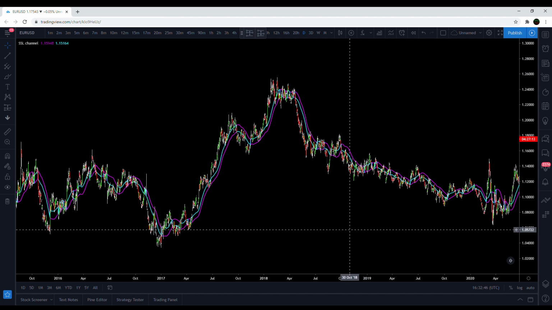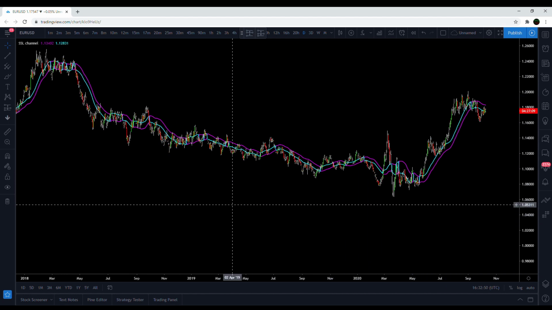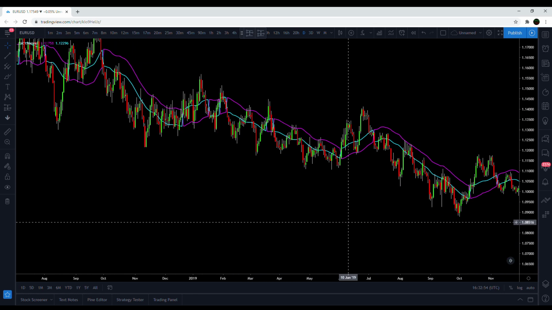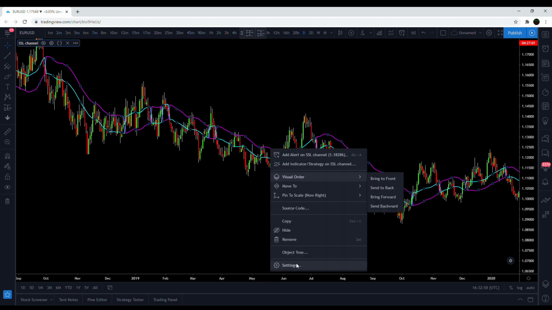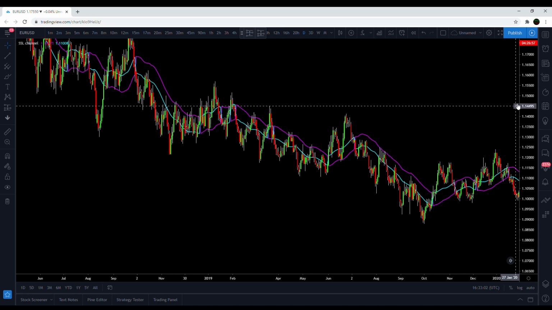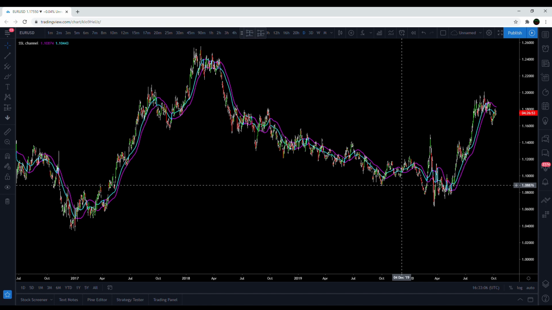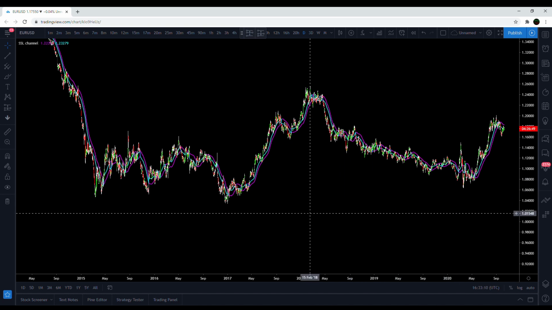I'll make a video just testing this indicator all by itself 100 times to see the difference. So I'm going to test it 100 times with the settings on 10 and then change it to 30 and do another 100 tests and see how it performs. I think that'd be interesting to see, or for you guys to see.